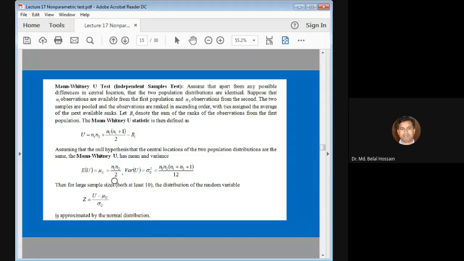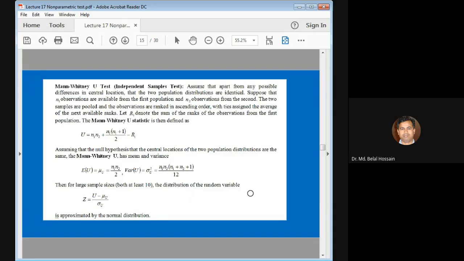U has the mean n1 into n2 divided by 2, and variance of U is n1 into n2 into n1 plus n2 plus 1 by 12. So for large sample sizes, both at least 10. In non-parametric test, large sample sizes means at least 10 and onward.